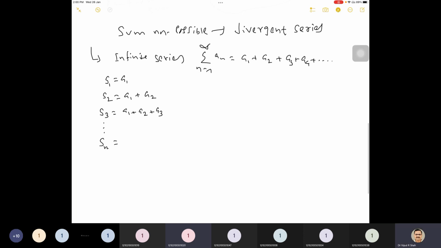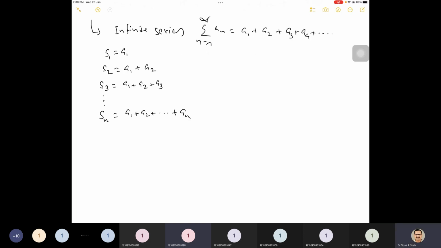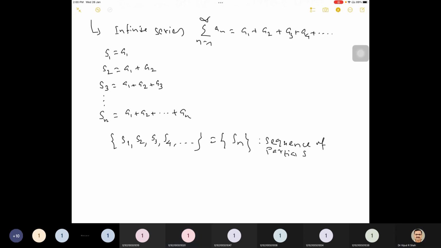And so on, Sn, the sum of the first n terms of the series. So now you have one sequence like S1, S2, S3, S4, and so on, Sn. That is a sequence, and this is called the sequence of partial sums.